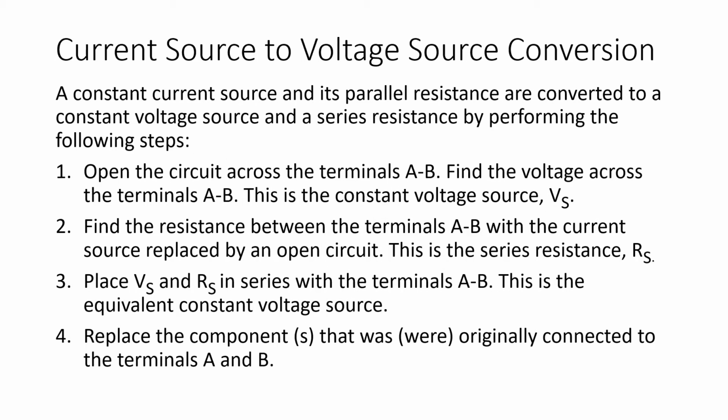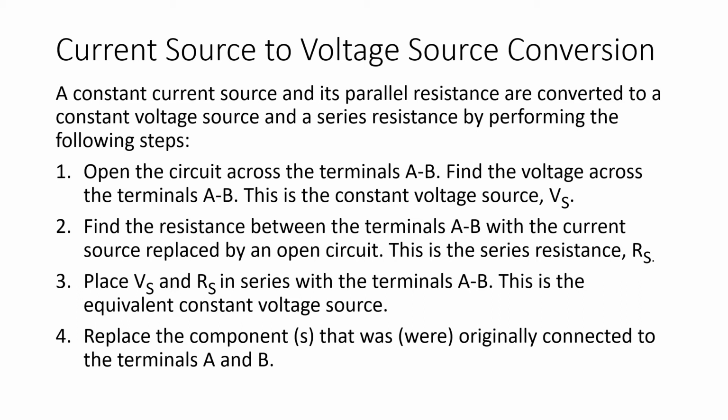Now, the steps we take to convert a current source to a voltage source are: 1. We open the circuit across the terminals A and B and find the voltage across those terminals. This is the constant voltage source, Vs. Then we find the resistance between the terminals A and B with the current source replaced by an open circuit.